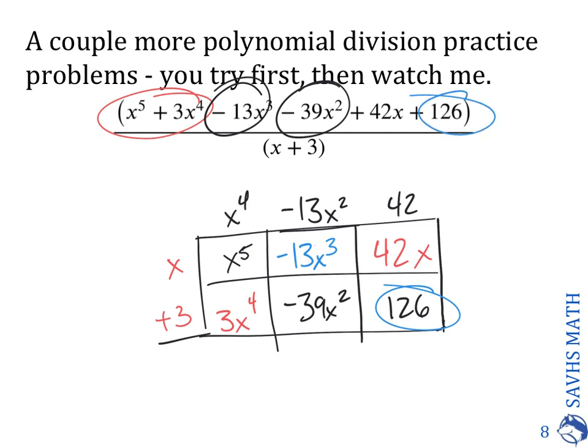My answer to this polynomial division question is the quotient, which is this part right here. And so you could say, when you do this division, you get this.